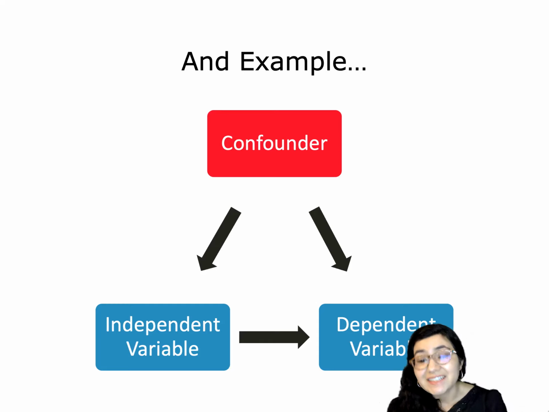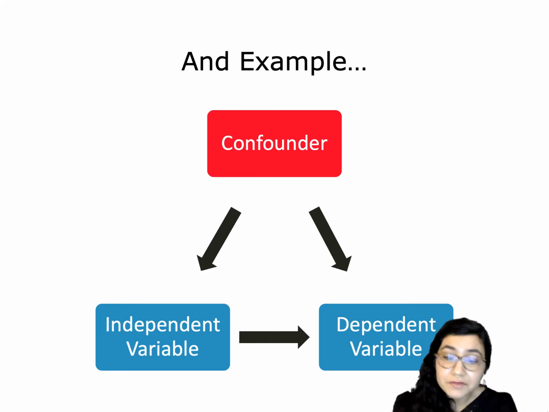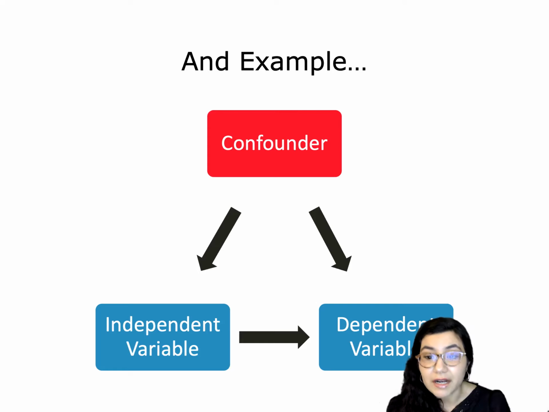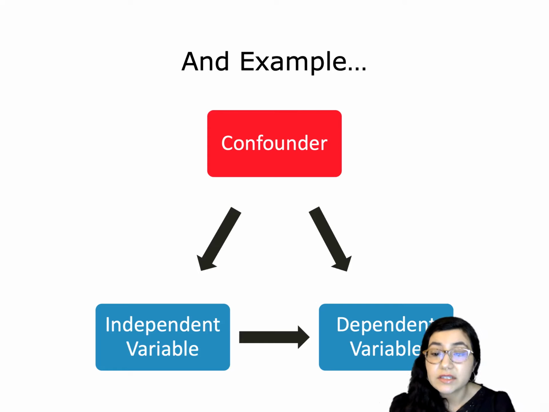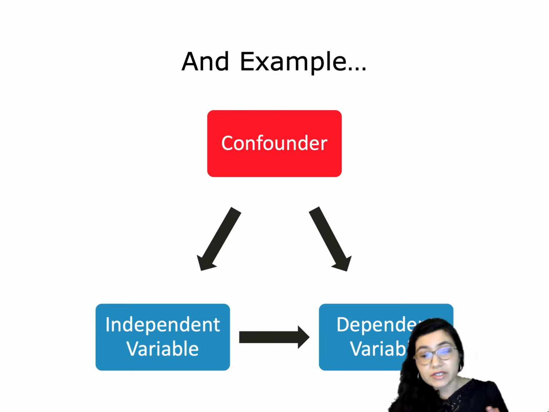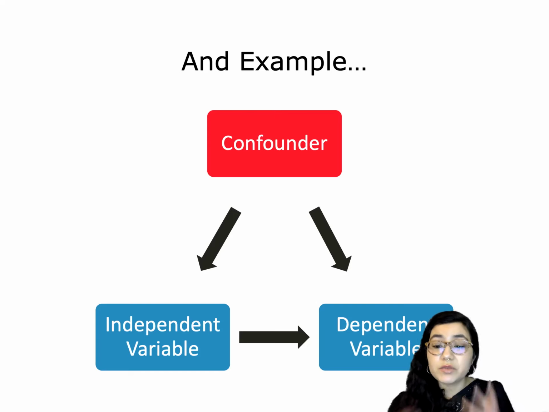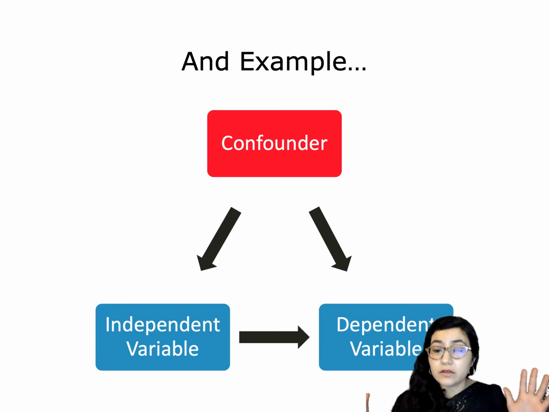What we don't see is the heat. The heat influences that more ice cream trucks are out and also might influence that there's more crime. And so that would be the confounder that's influencing both of those things, but we don't observe it unless we take on research methods that can help us parse out what is actually being influenced to cause the dependent variable.